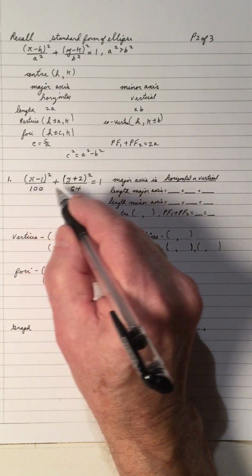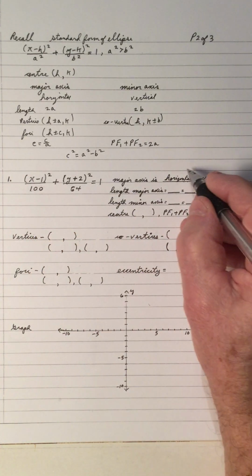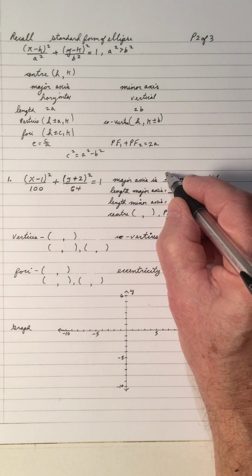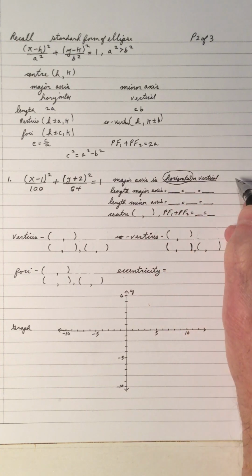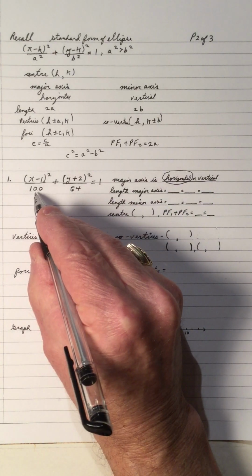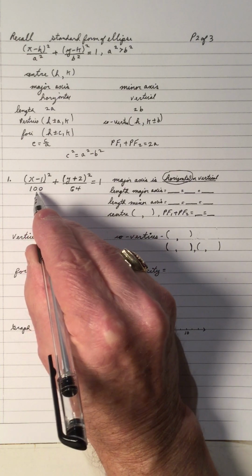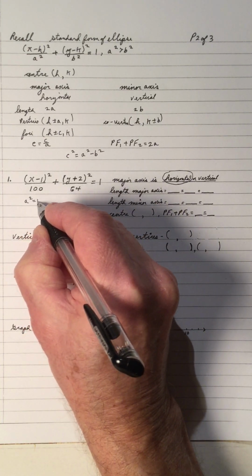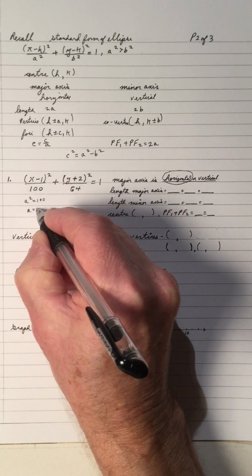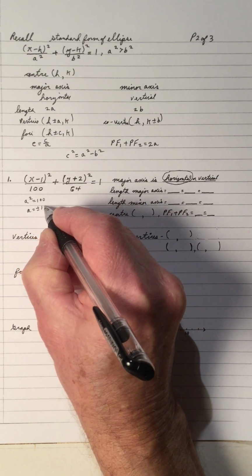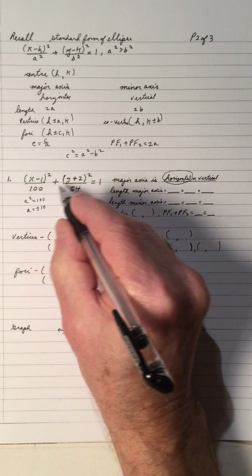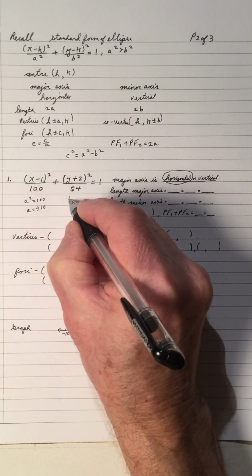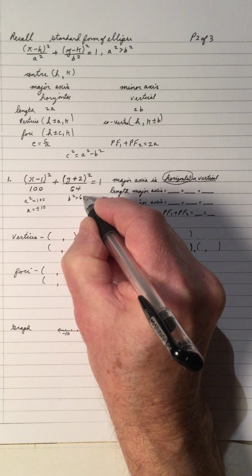Because 100 is larger than 64, the major axis is horizontal. For the length of the major axis, we have 100 here, so a squared is 100, so a is the square root of 100, which is 10. And this is the b, so b squared is 64.